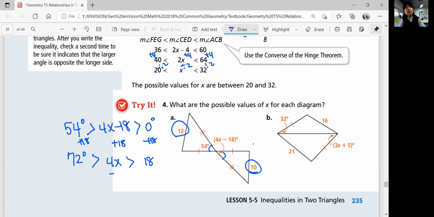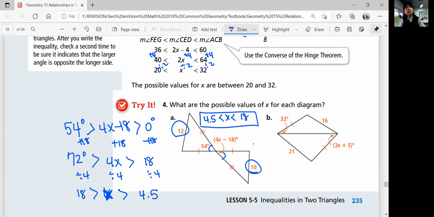Okay, and then you divide by 4 on all the sides, and then you get 18 is greater than x is greater than 4.5. And so what are your possible values for x? X must be greater than 4.5, so that makes a triangle, but less than 18. Okay?